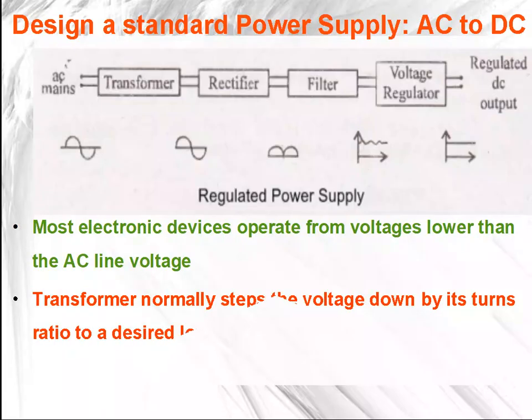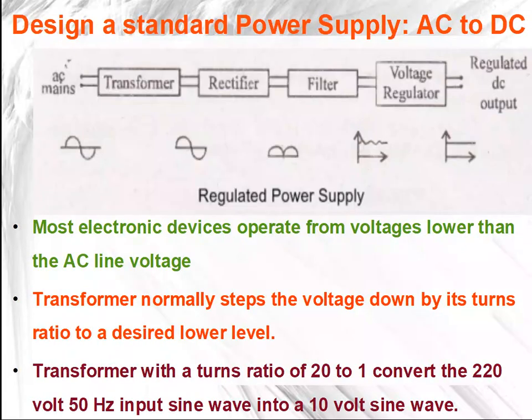So whatever I am saying is written here. A transformer with turns ratio 20:1 converts the 220 volt 50 Hz input sine wave into a 10 volt sine wave. It can be possible, right? So from 220 to 10 we can get it.